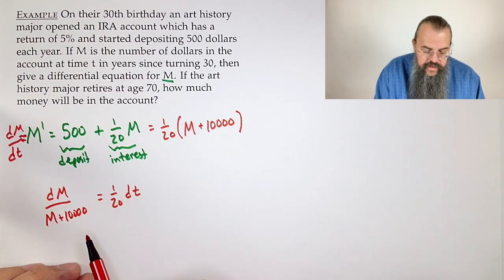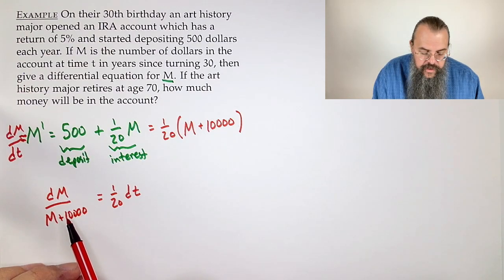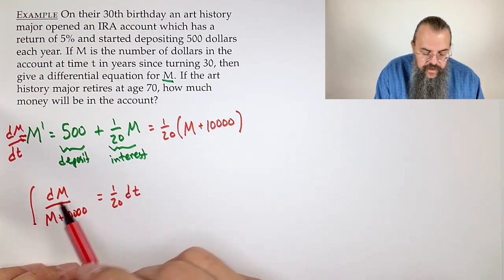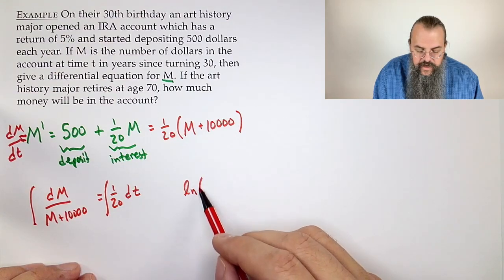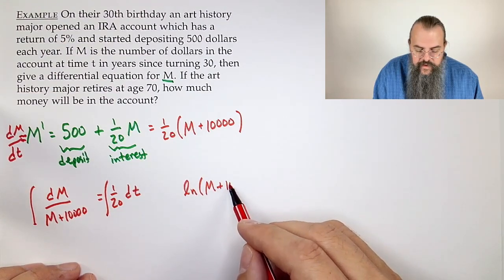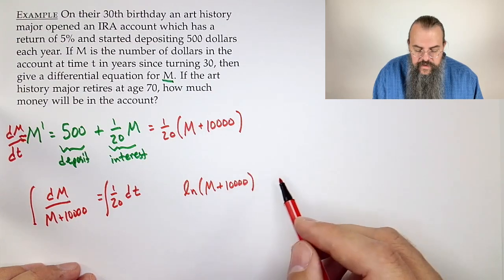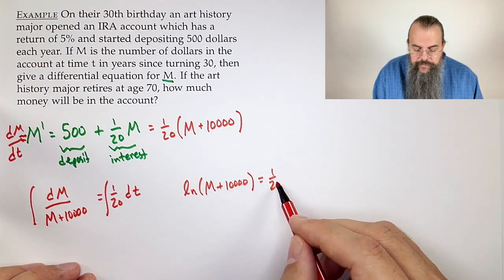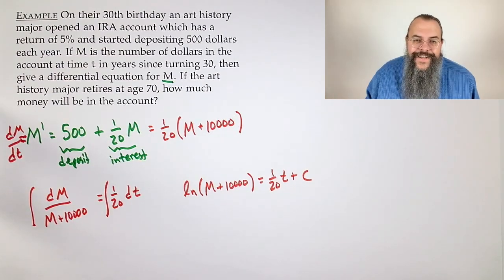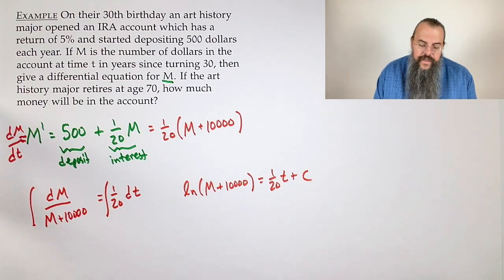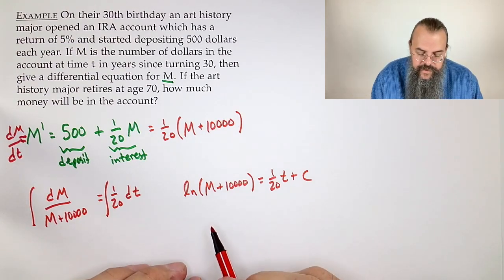All right, and now, well, we say, okay, integrate, and the left-hand side, that's the natural log, M plus 10,000 is equal to 1/20th t plus a constant C. All right, great. Now, use the exponential function here.